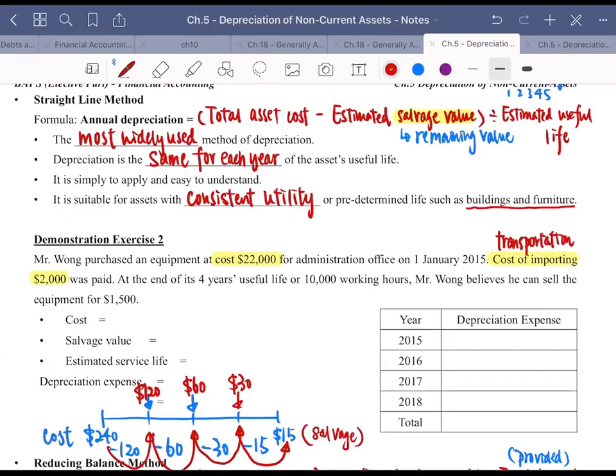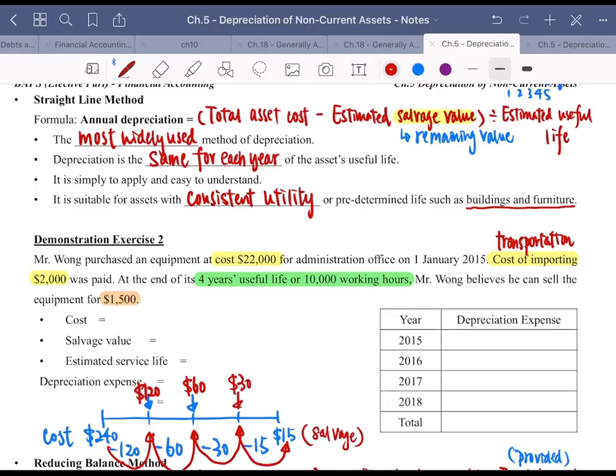And at the end of the 4 years useful life or 10,000 working hours, Mr. Wong believes that he can sell the equipment for $1,500. So I would use different colors to highlight the key points for different numbers.